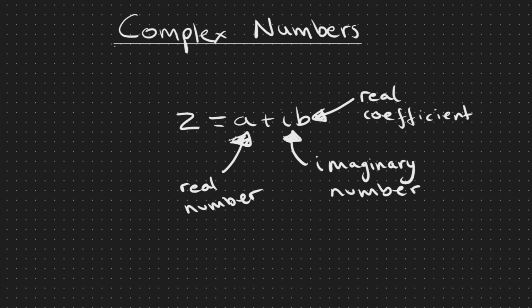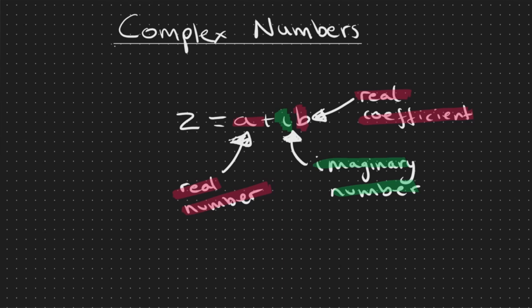So let me highlight these to make it clearer for you. i is the imaginary number, b is a real coefficient to the imaginary number, and a is a real number. So as you can see, we can think of complex numbers as an extension of the real numbers.